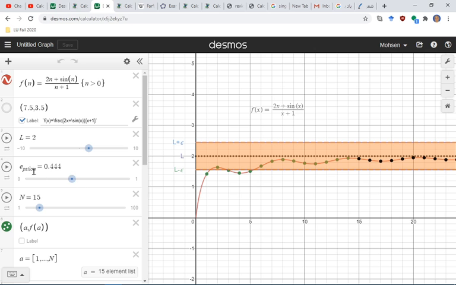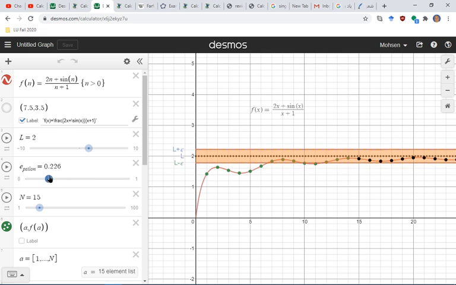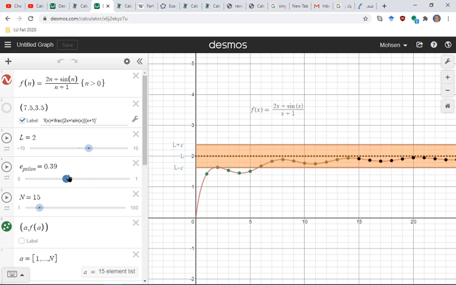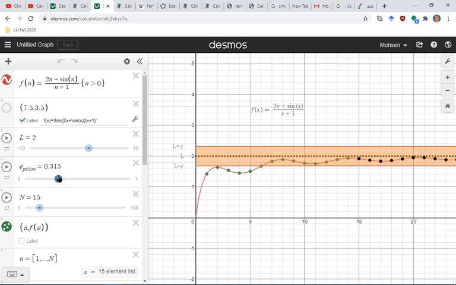giving you a tiny number. That tiny number is called epsilon. I can take that epsilon and make it smaller or make it bigger. Making it smaller makes the problem harder for you, and making it bigger makes it easier. I determine epsilon, then I ask you, if you want to show that the limit is 2, you have to find a place in the function or a place in the sequence such that after that, all the future values of the sequence or function are inside this trap or strip.